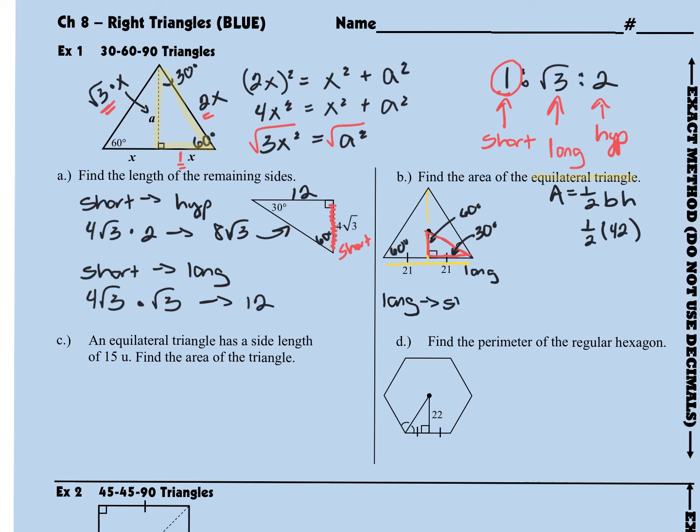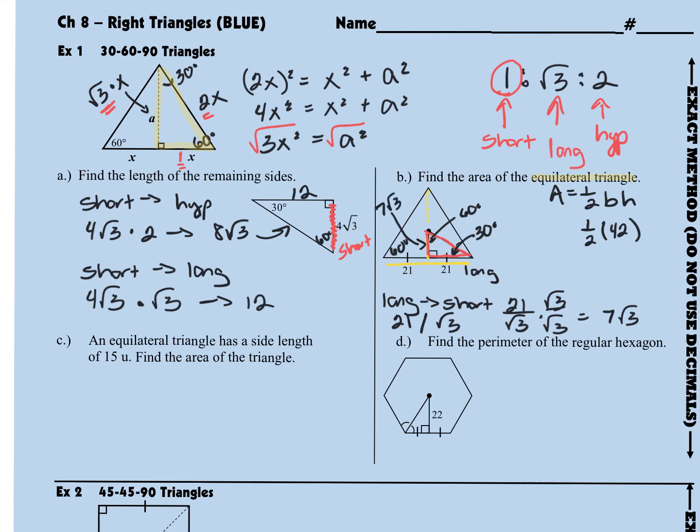That's going to give me 21 divided by, this time, the square root of 3. Let me write this over here a little bit better. 21 over radical 3, we would want to rationalize that. Radical 3 times radical 3 is 3, which would reduce with the 21 to give me a 7 radical 3 for the short. So this piece right here is 7 radical 3.